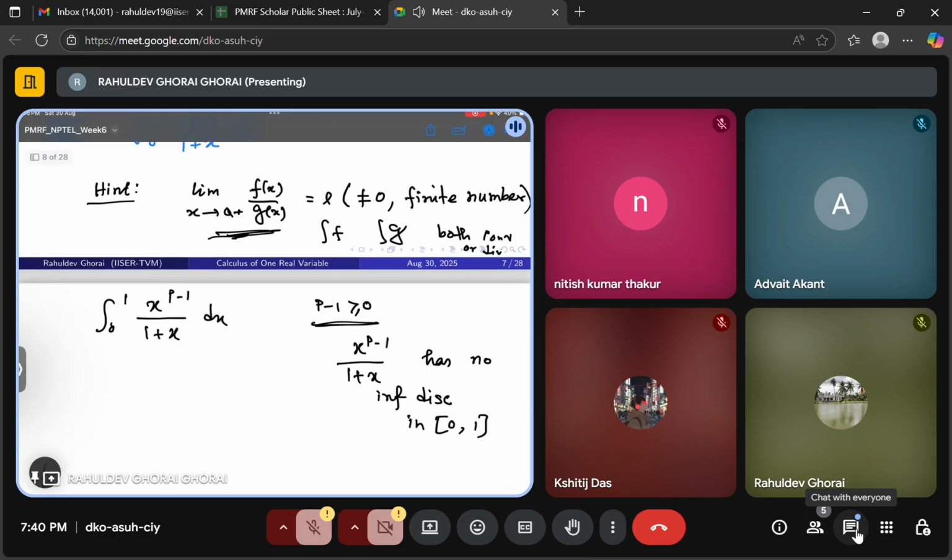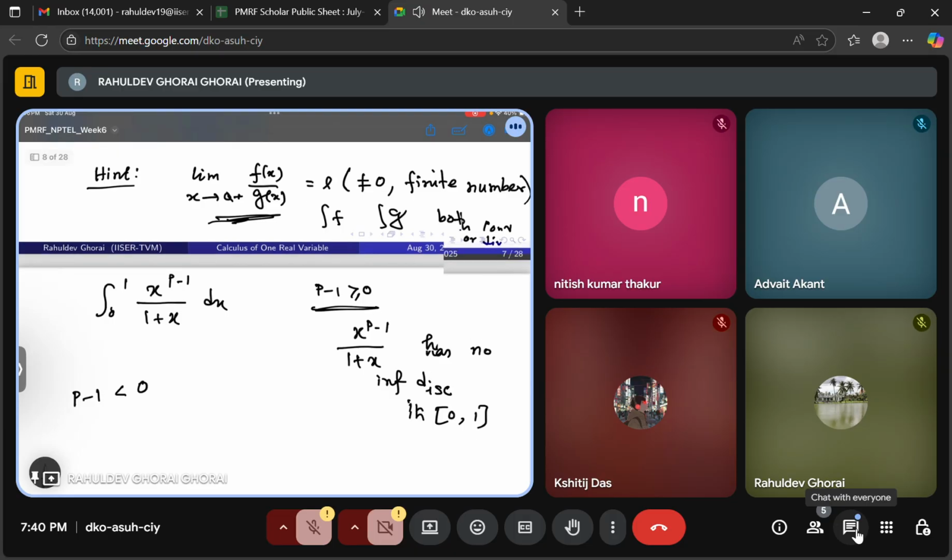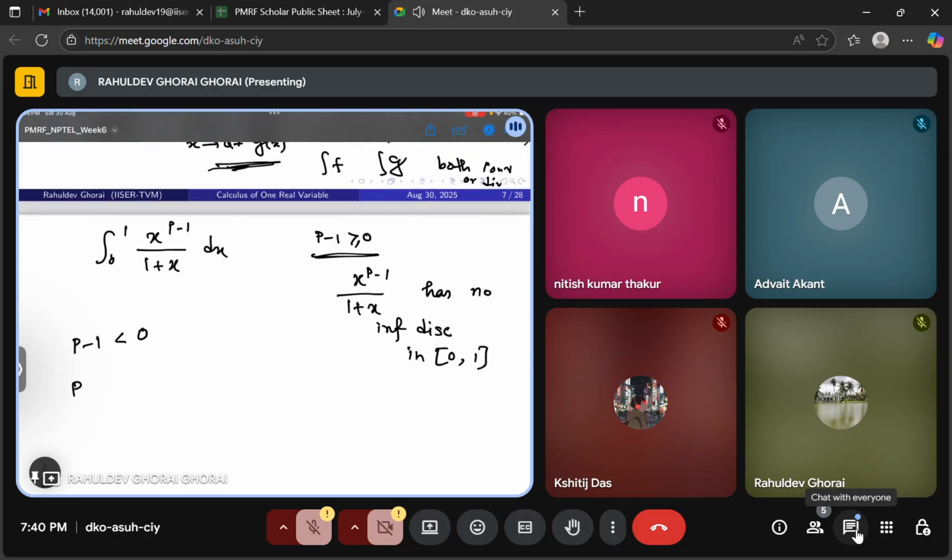So the problem comes only when p minus 1 is less than 0, right? So let's say p minus 1 is equal to minus m, where m is greater than 0. Then the integral from 0 to 1 of x to the p minus 1 over 1 plus x dx is nothing but the integral of 1 over x to the m times 1 plus x dx.